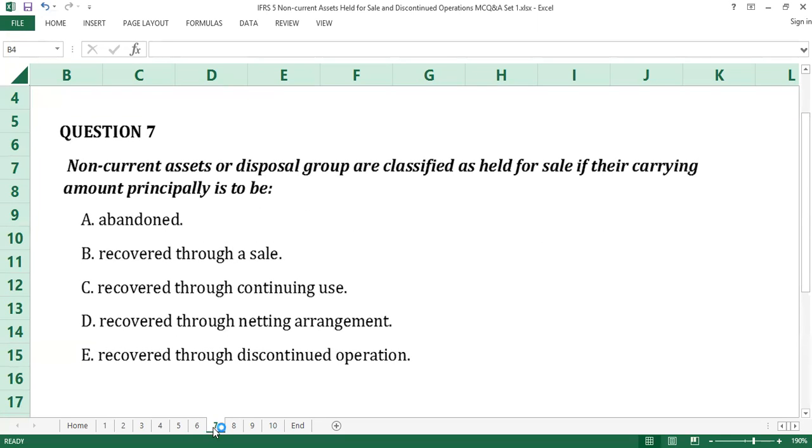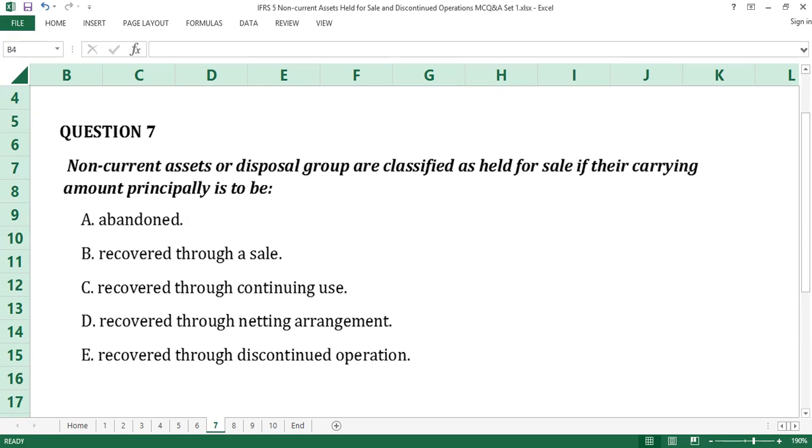Question number 7. Non-current assets or disposal group are classified as held for sale if their carrying amount is principally to be dash. A. Abandoned. B. Recovered through a sale. C. Recovered through continuing use. D. Recovered through netting arrangement. E. Recovered through discontinued operation.